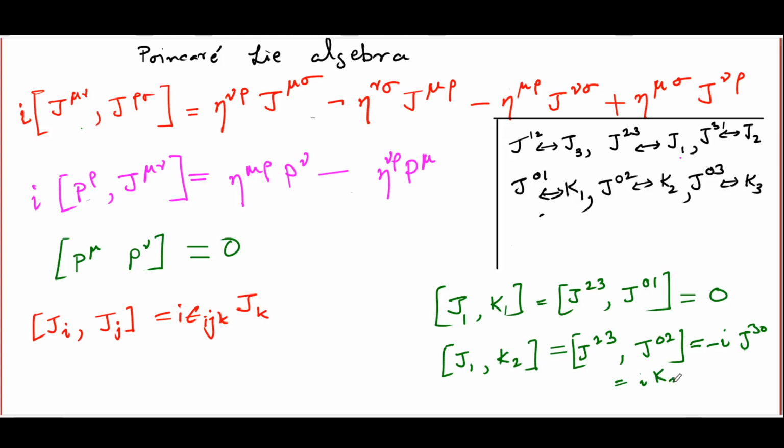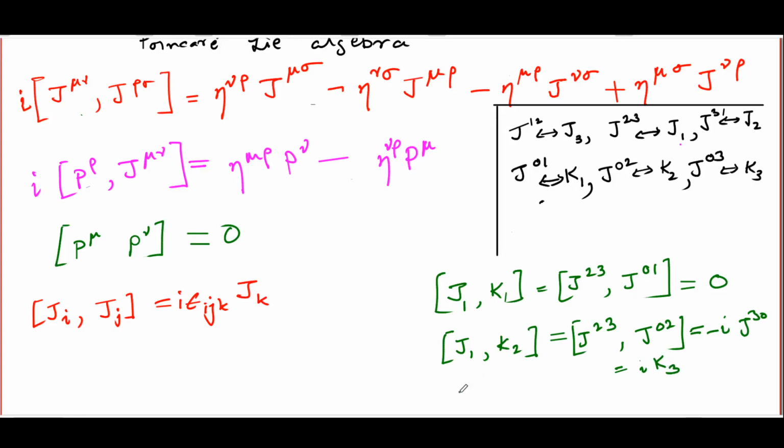So i times K3. What about J1 K3? That's J23's commutator with J03. So you get a minus i times whatever you get from the commutator on the right hand side. Note the 3 and 3, these two indices are equal.